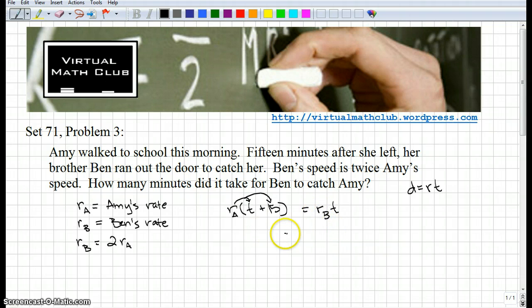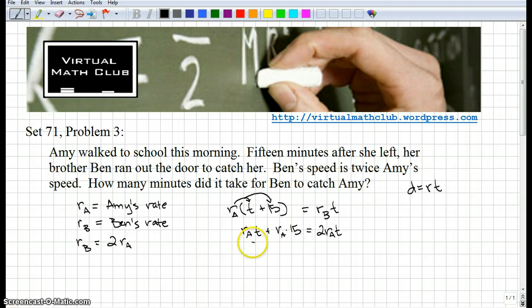Alright, so we can just solve this equation, and we probably first want to substitute because we know that Ben's rate is twice Amy's rate, so we can just put 2RA in for RB. Okay, so then we have everything in terms of Amy's rate.